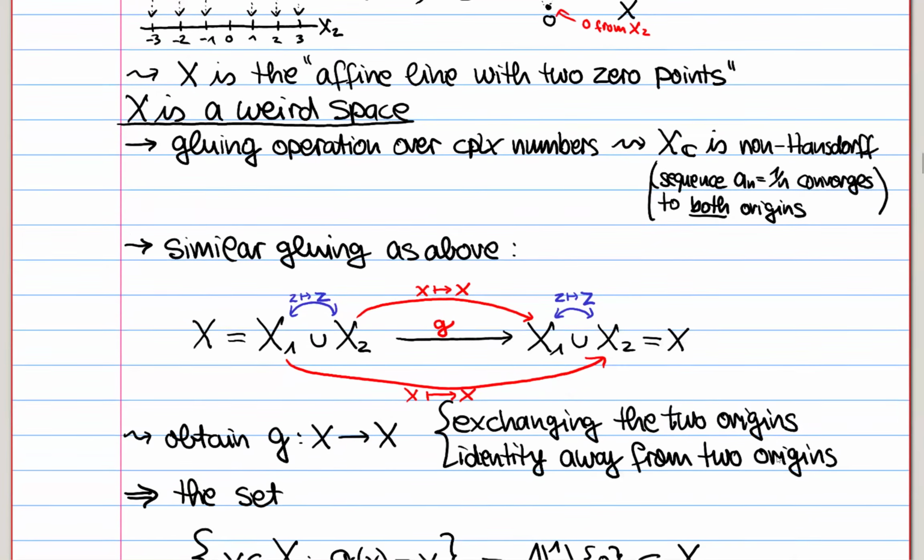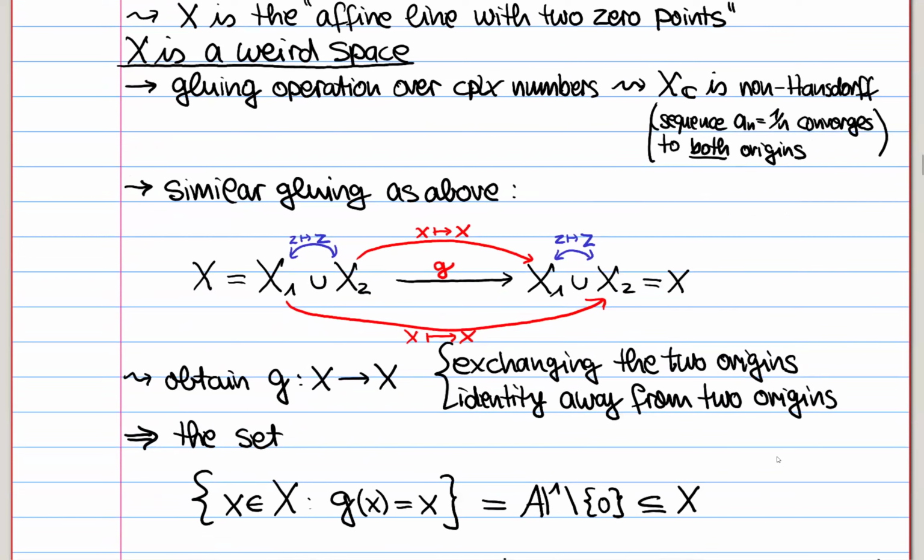And then, on the algebraic geometry side, we can also write down a phenomenon which maybe we don't like so much, because we can do a very similar gluing as above. We can take X and construct a morphism g from X to X. These two red arrows are just the same. We take the identity from X1 to X2, and from X2 to X1. The same compatibility check: now everything is an identity in this diagram, so everything is compatible.